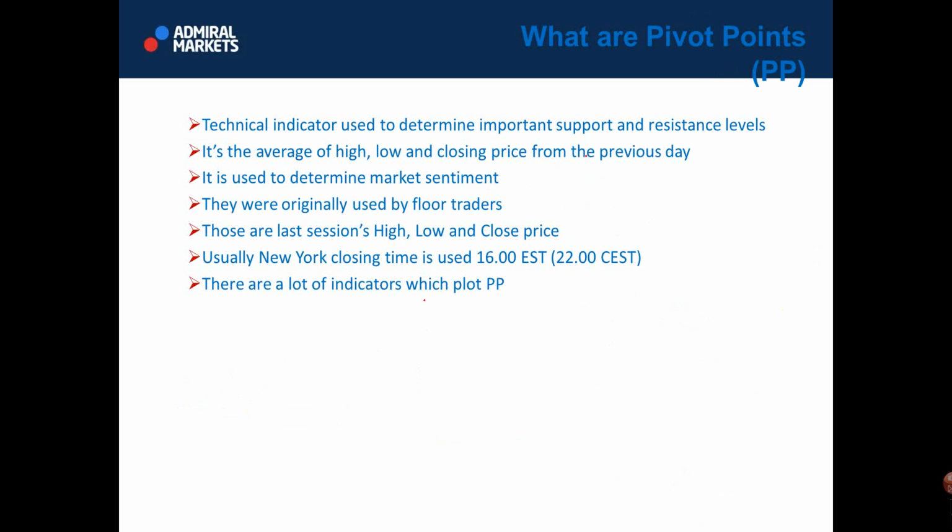As you already know, I use POCs, which are basically zones for entry orders, and there are different ways I calculate POCs. I will show you today how to use confluence with pivot points, standard pivot points, weekly and daily.